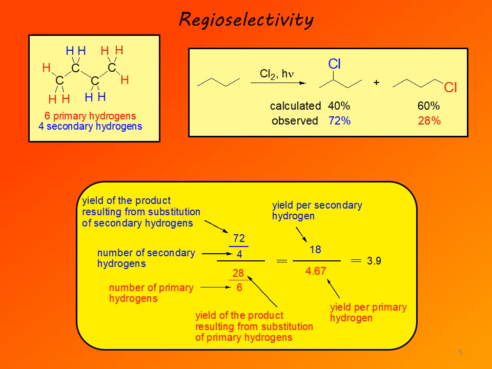When we divide the two numbers, we get 3.9, which means that a secondary hydrogen is 3.9 times more reactive than primary. It's being replaced 3.9 times faster than a primary hydrogen. So the intrinsic reactivity ratio, primary versus secondary, is 1 to 3.9. If we assume that the reactivity of a primary hydrogen is an arbitrary number 1, then the reactivity of a secondary hydrogen is 3.9.